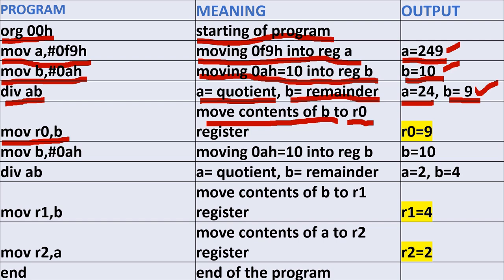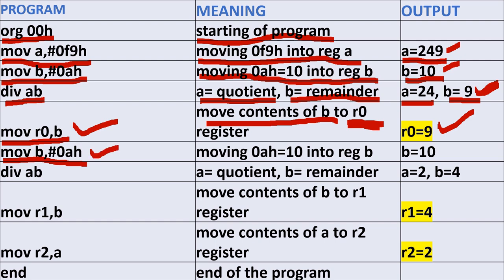Now in this step we are moving the contents of register B into R0, meaning this 9 will be moved into register R0, because 9 is present in register B and that content we are moving into register R0. Therefore, in register R0 we will get 9.